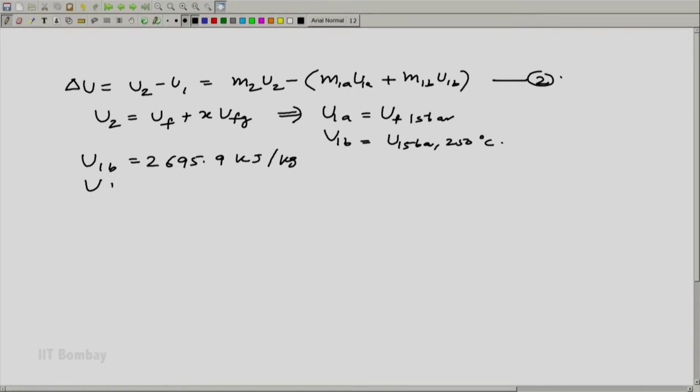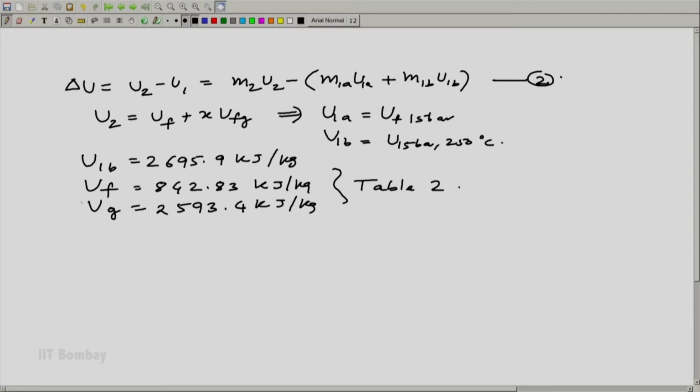I know UF is equal to 842.83 kilojoule per kg and UG is equal to 2593.4 kilojoule per kg. This is what values I will get from table 2.